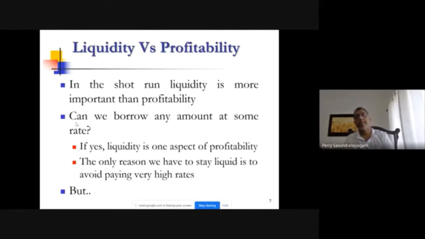Generally, the Treasury will be transfer pricing that to the business. If you are borrowing at 9%, the Treasury will give it to the business that's lending to the customer at, say, 8%, for example.